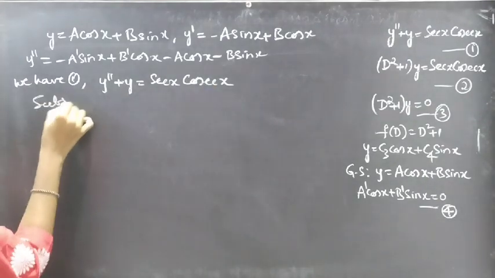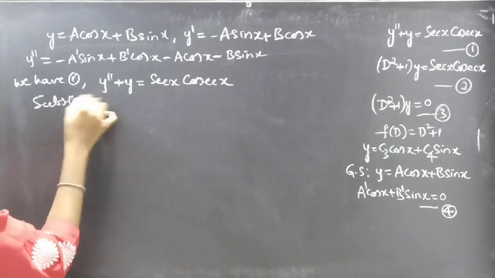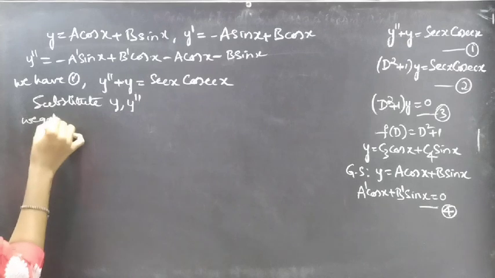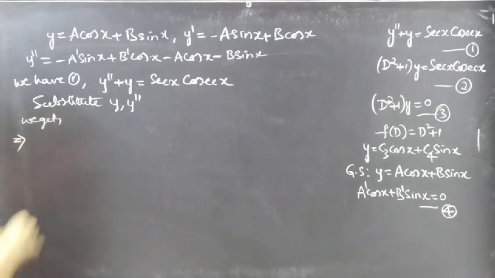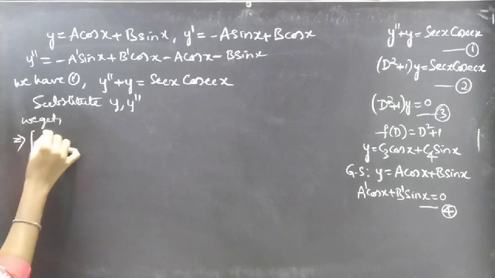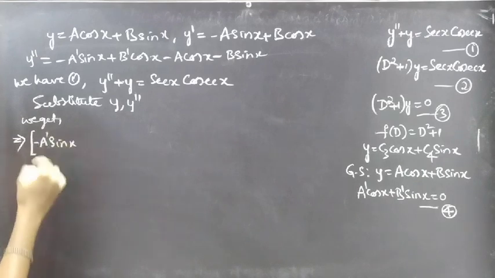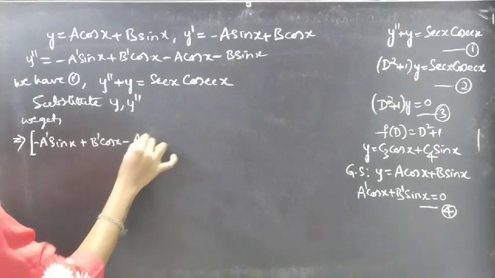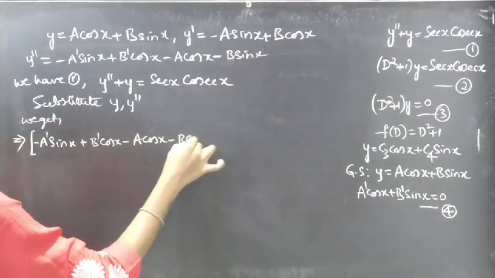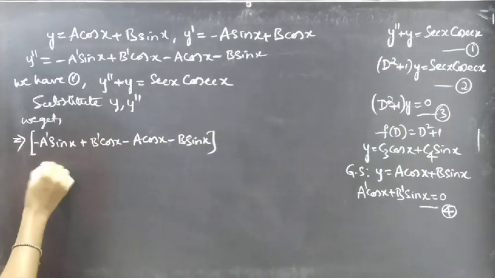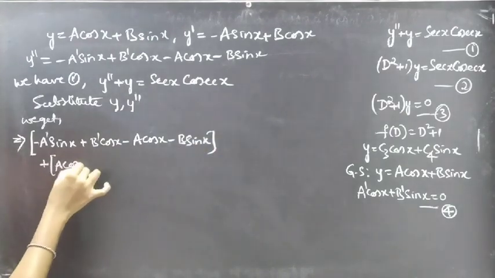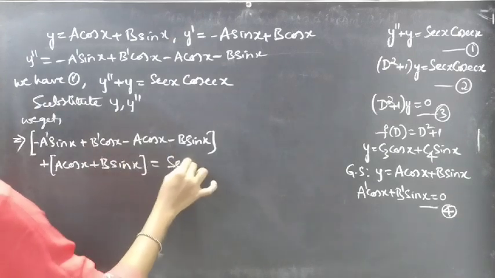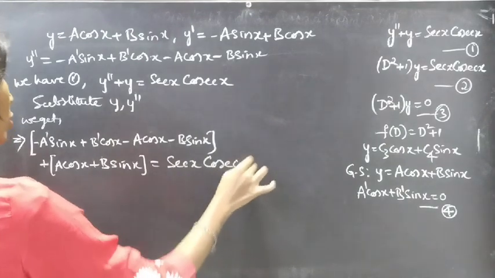Now substitute y double dash, then we get minus a dash sin x plus b dash cos x minus a cos x minus b sin x plus y, that is a cos x plus b sin x, equal to secant x cosecant x.